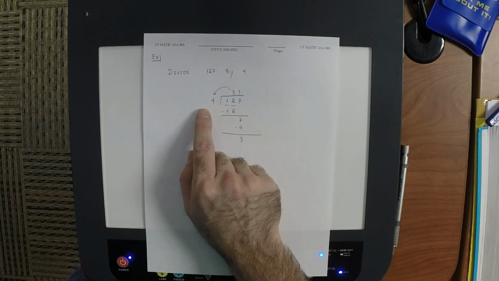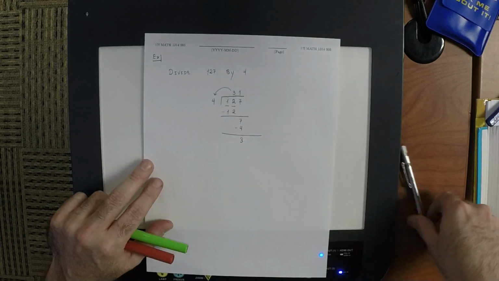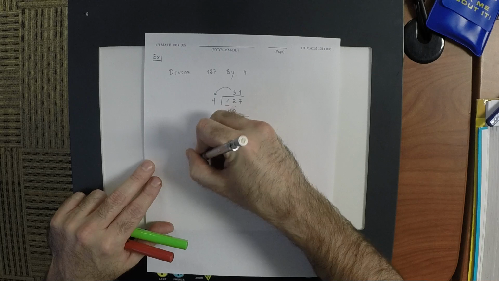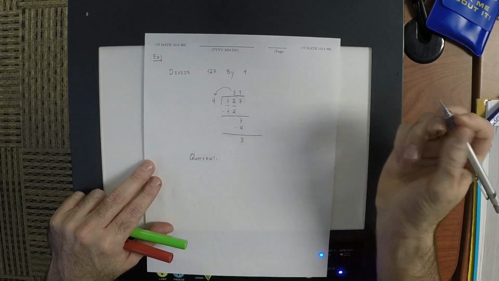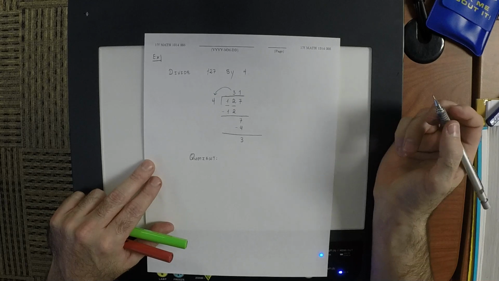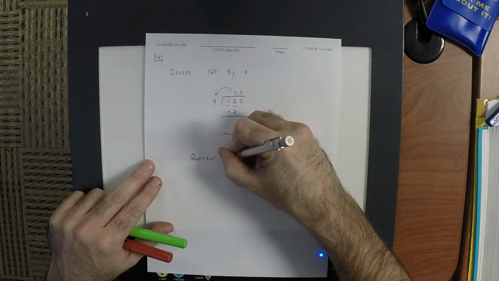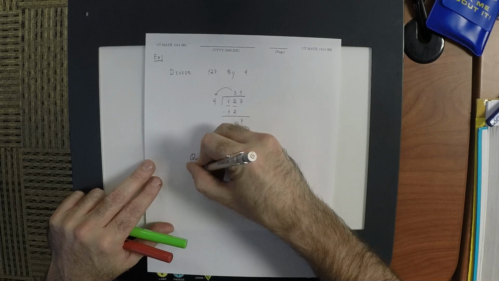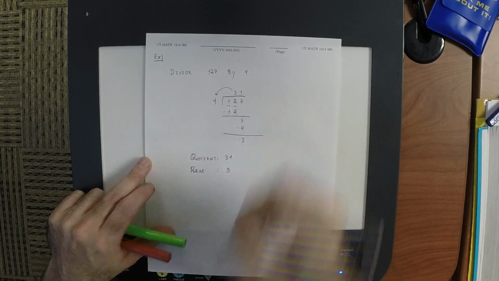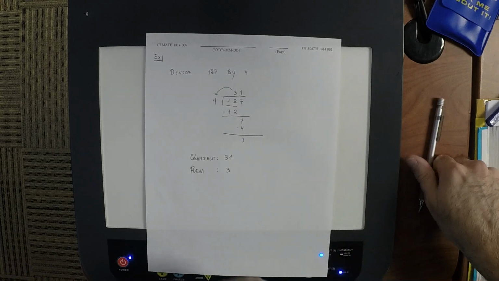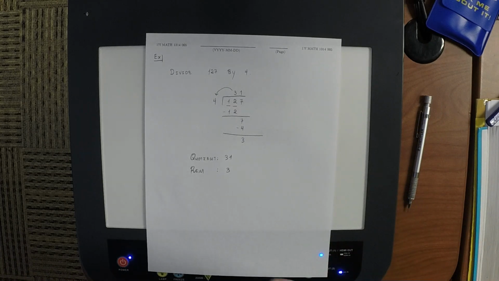That means we couldn't possibly make another group. So the quotient of this division is what? 31. That's how many groups we were able to make. And the remainder is what? 3. So what we're going to do next time is solve exactly this problem, except we're not going to be dividing an integer by an integer.